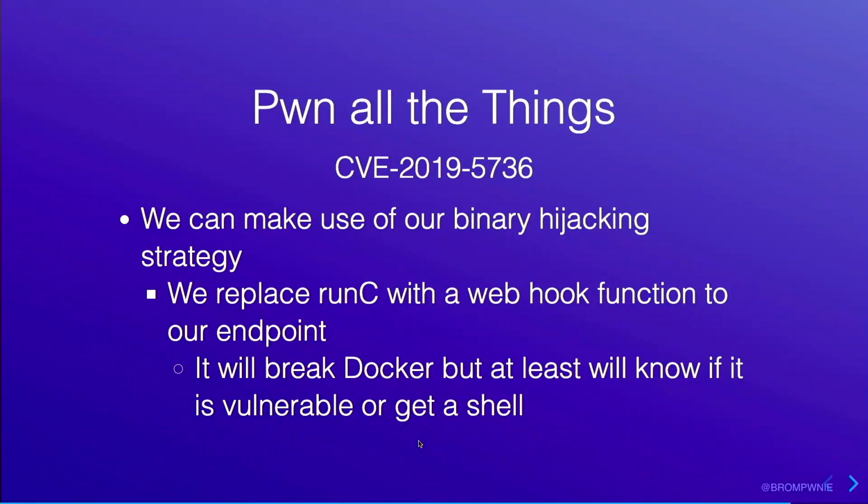What we're going to do in this case is use it to execute a webhook on our underlying host. The reason is that this vulnerability is triggered when an external entity executes a command within the container.